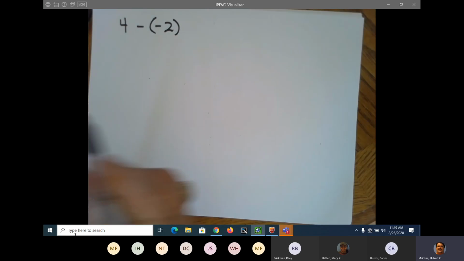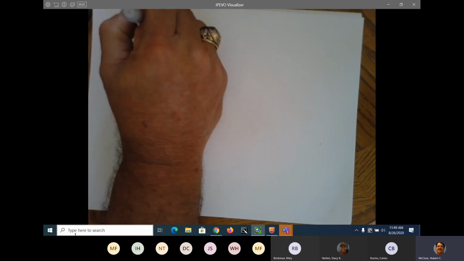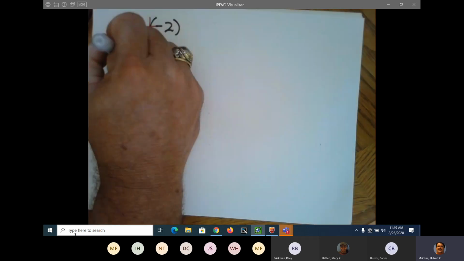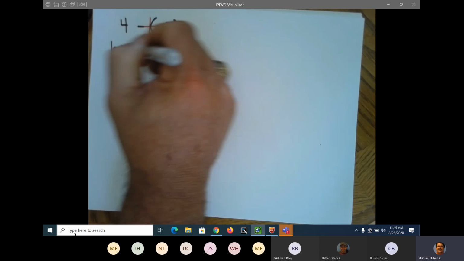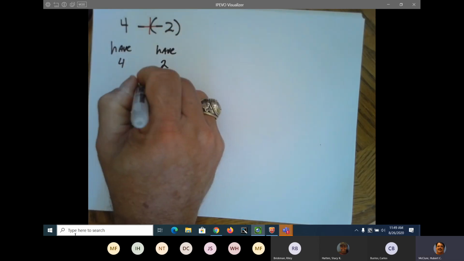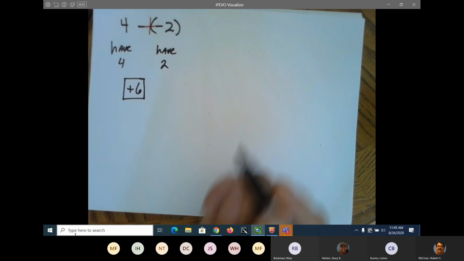Well, remember I told you, if you have two signs close together, what do you turn them into? Turn it into a positive. And that gives us, you have $4 and you have $2. You have $6.